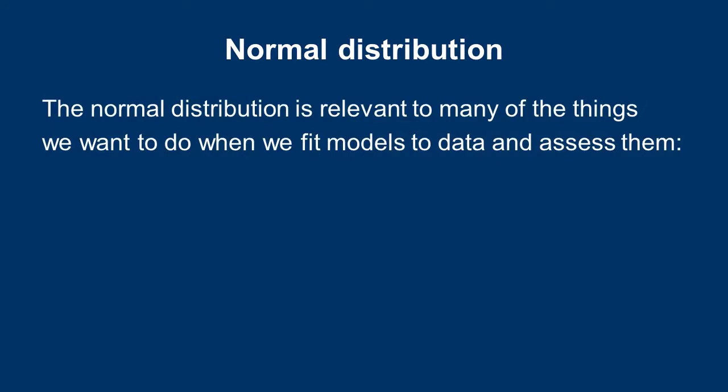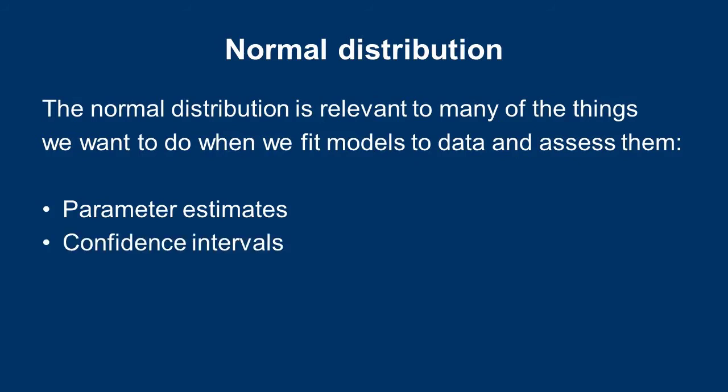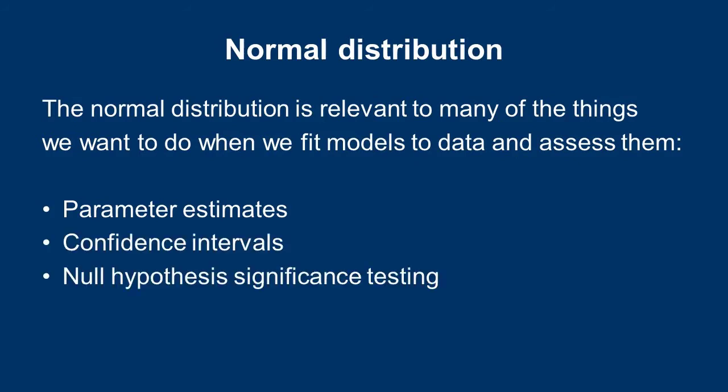The normal distribution is a very central assumption in most statistical analysis. It's also key to provide correct parameter estimates and confidence intervals, and whether a null hypothesis is significant or not, and also for standard errors and so forth. So normal distribution is one of the key assumptions in most statistical analysis.